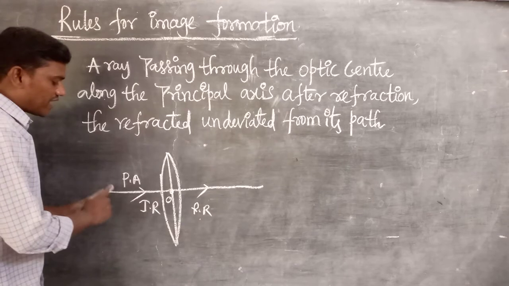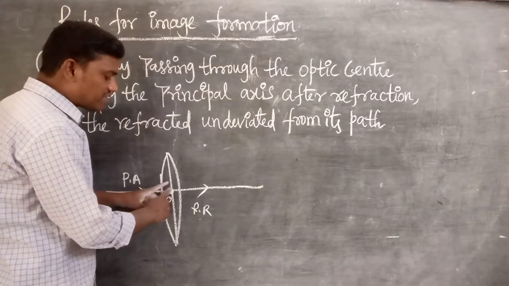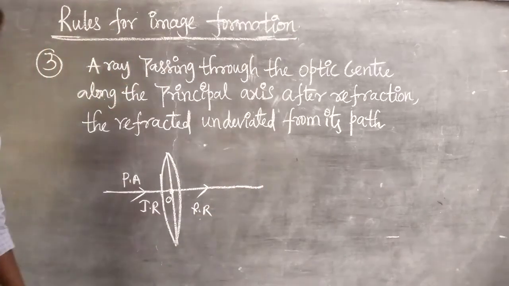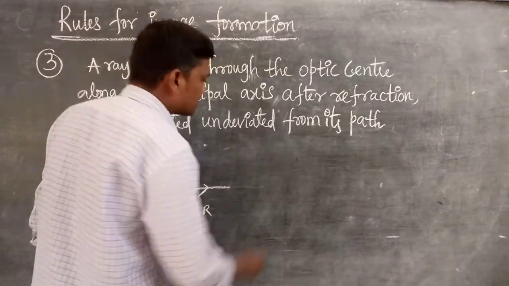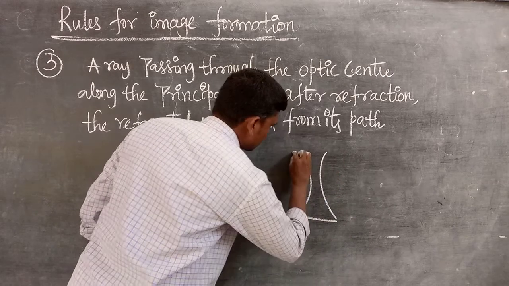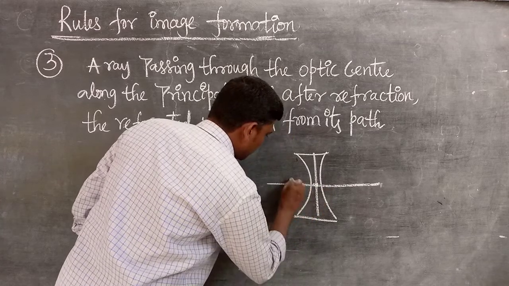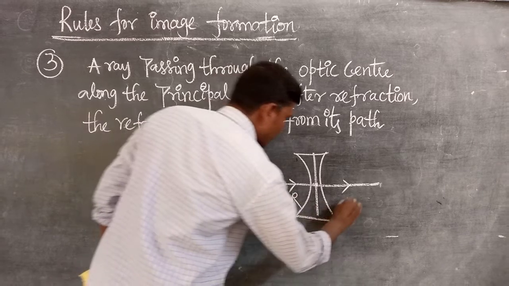So what we can write: a light ray passing through the principal axis, after the refraction, is undeviated, and the refracted ray is also passing along the principal axis only. The same thing is here also. Optic center like this, incident ray, refracted ray.